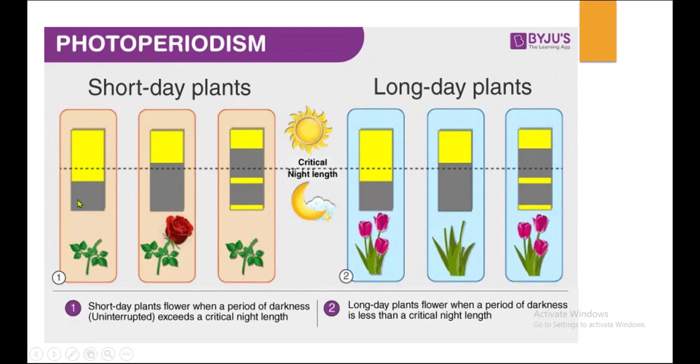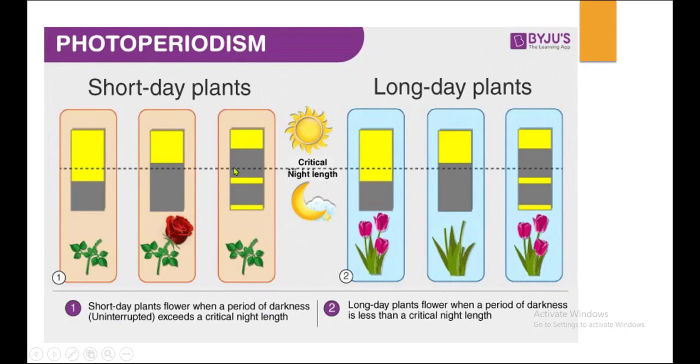On the other hand, if the period of darkness is less than the critical length, then flowering is not going to be stimulated. And here we already mentioned that short day plants flower when the period of darkness is uninterrupted.